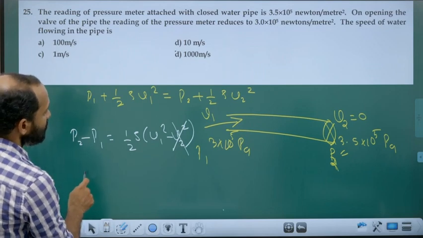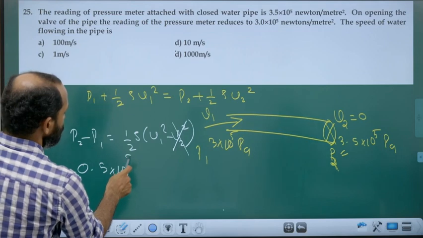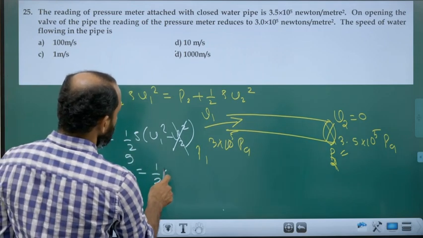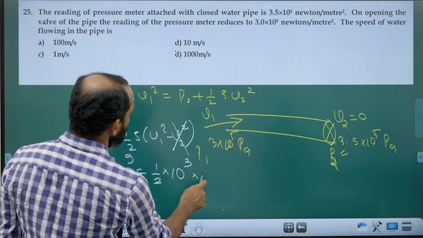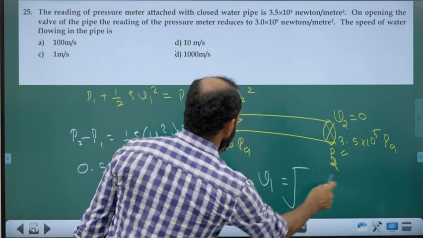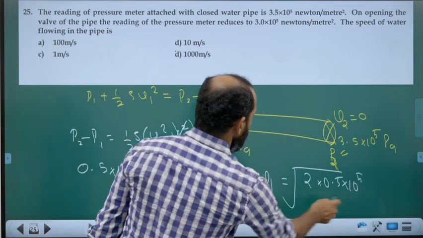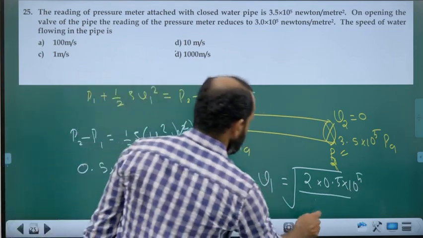P2 minus P1 is 0.5 into 10 power 5, equal to half into density of water 1000 into V1 square. So V1 is equal to square root of 2 into 0.5 into 10 power 5 divided by 10 cube.